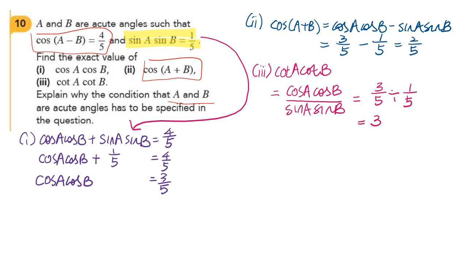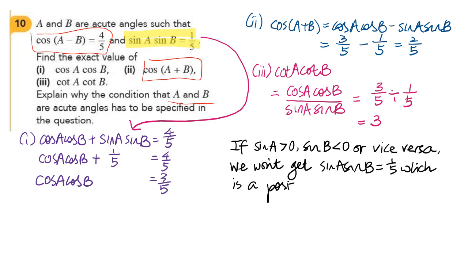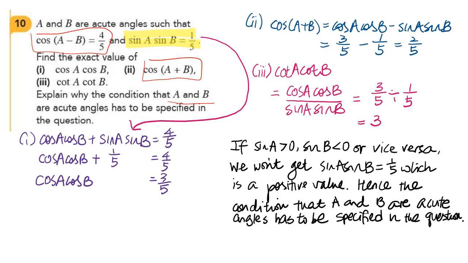So therefore the question needs to specify the conditions for a and b. If they're both acute, then positive times positive will give you positive. If one of them is negative, then you would not end up getting a positive value. Hence, the condition that a and b are acute has to be specified in the question.